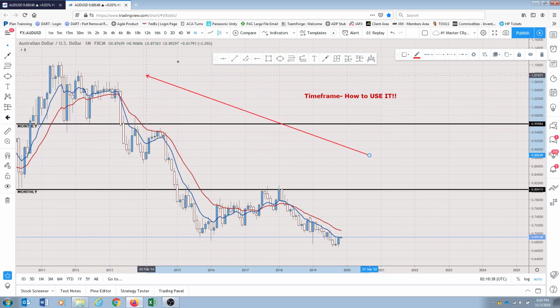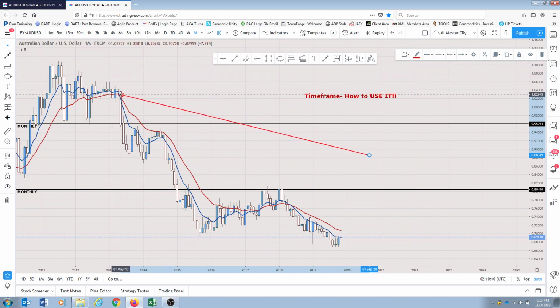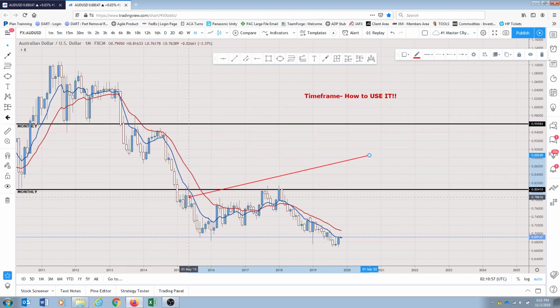Because the monthly chart has long-term data, if it shows a change in direction, like with the EMAs crossing here, and the EMAs stay separated, this is an indication that all you do is look for sells while the EMAs are rolling downwards.